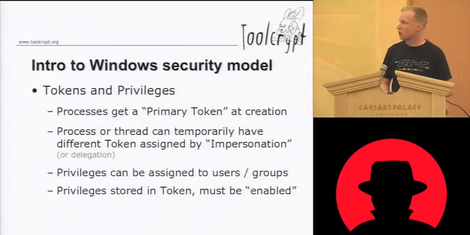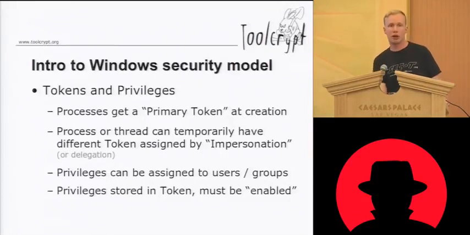And there's a lot of these that can't be controlled by regular DACLs in a security descriptor and are controlled by privileges. So these privileges are stored in a list in the token, as I said, and by default they are disabled.